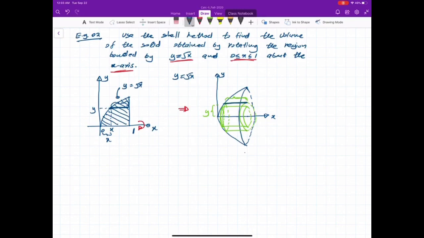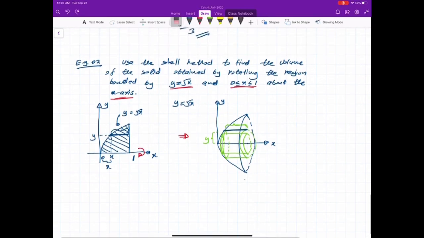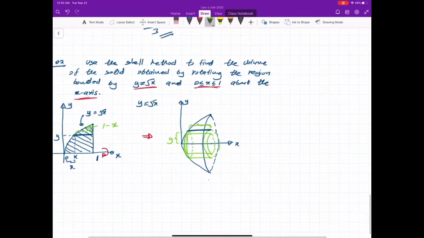So that part should be, let me use a different color so I can show you clearly, that should be 1 minus x. This is also 1 minus x. Here you can just solve this for x.